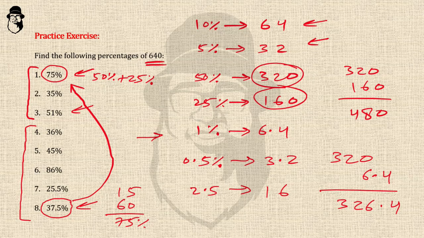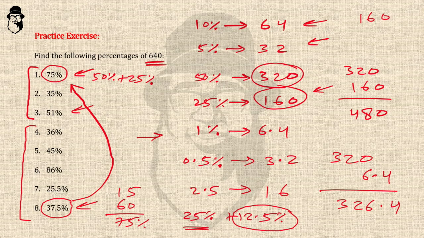Either we can do it this way, or let me tell you, in creativity you can go anywhere, no one can stop you. I can see that it's 25% plus 12.5%, right? And here I got the advantage that 12.5 is exactly half of 25%. We already have 25%, that is 160, and 12.5 is half of that, that is 80, and we got 240 as our answer right away. 37.5% of 640 is 240.